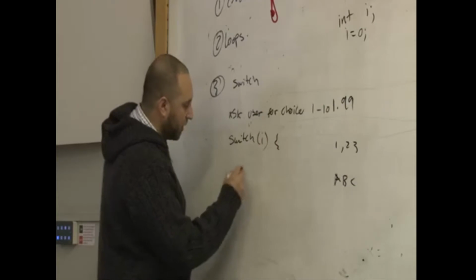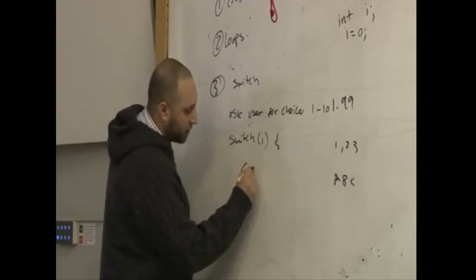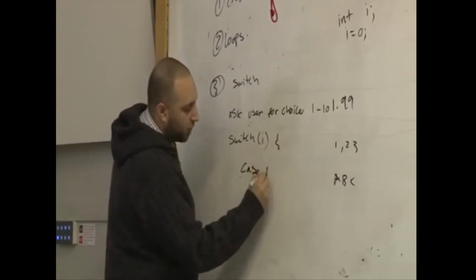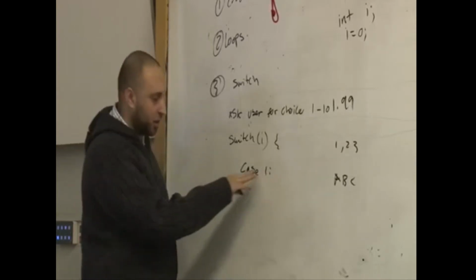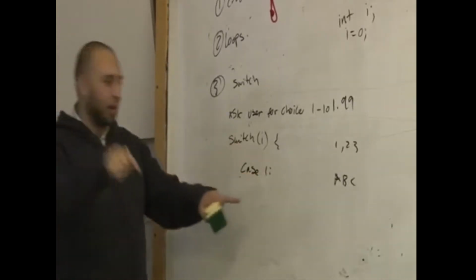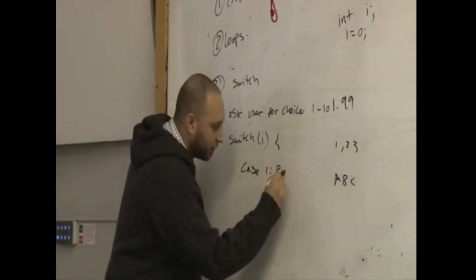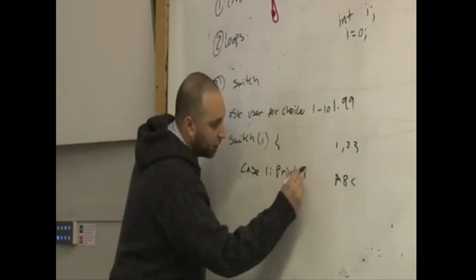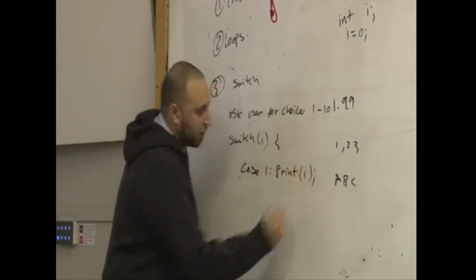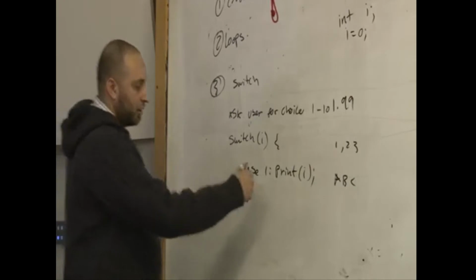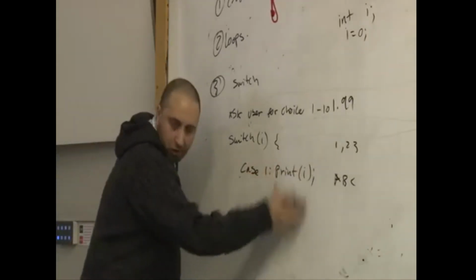We'll open the block and we'll say case 1. So the first case is 1. If they entered 1, print line I, for example.